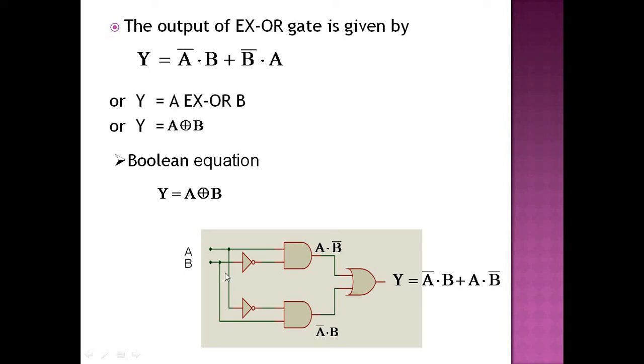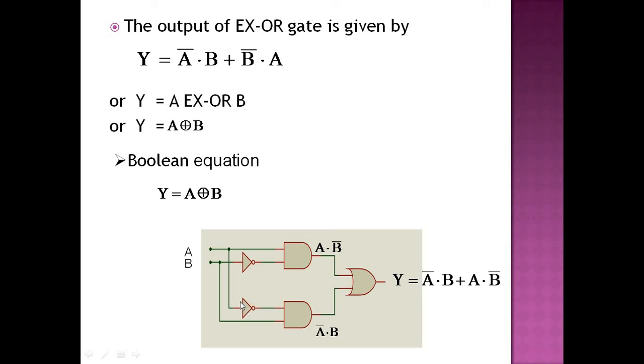So here we consider the two inputs A and B. We apply A to an AND gate and the second input is applied to the NOT gate, so B becomes B complement, and at the AND gate one input is A and the second input is B bar, so we get the output A dot B bar.